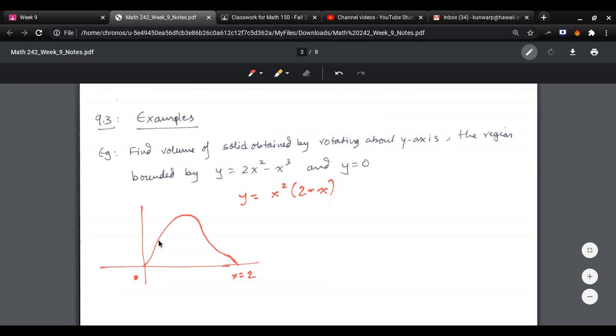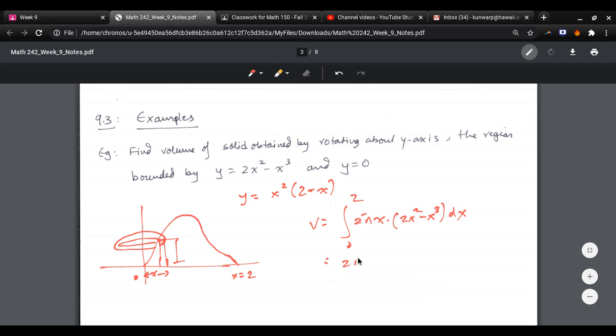Something like that is going to be our shell. Again, as you can see, the height is f of x. Now, if this is at any distance x, then the volume is 2 pi x f of x, which is 2x squared minus x cubed dx, integrating from 0 to 2.